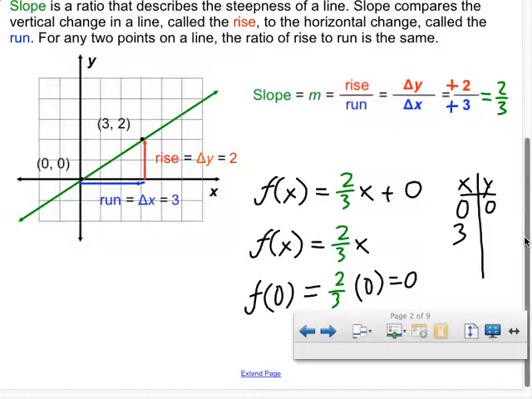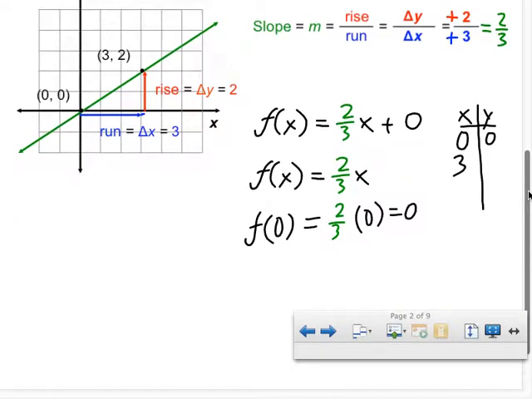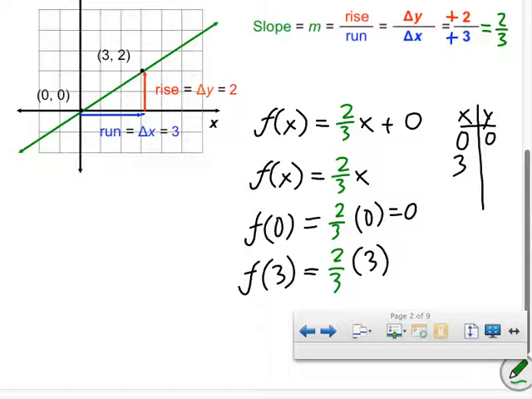If I substitute 3 in there, does that work? So I have f at 3 equals, we're going to multiply by 2/3. And what is that going to give me back? What's 3 times 2/3? 6/3. What's 6/3 equal? 2. Isn't that my coordinate over here, 3, 2? Okay, so I didn't have to make an adjustment because it went through the origin.